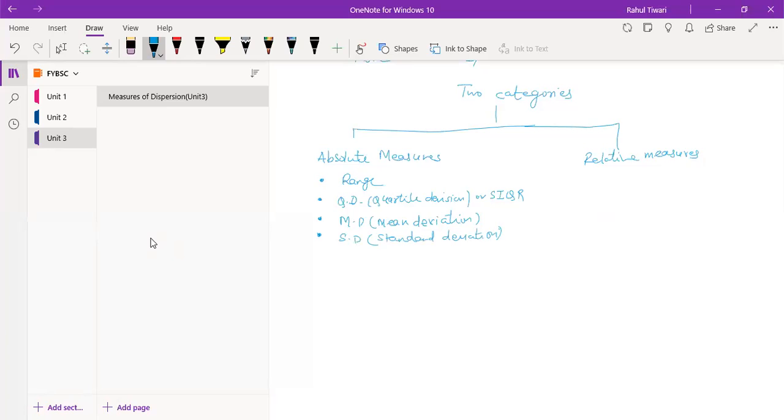Similarly, in the case of relative measures, these are used when the absolute measures fail. Absolute measure is a technique. Among that, if the range fails, then we try to calculate its coefficient of range. So in this case, we have a coefficient of range.